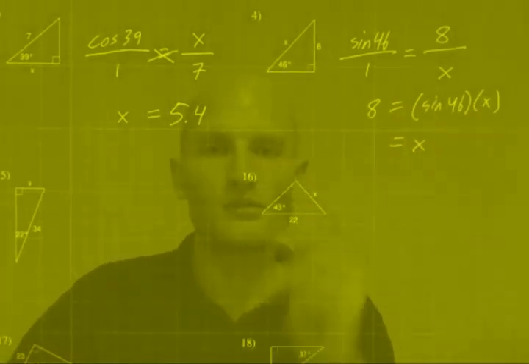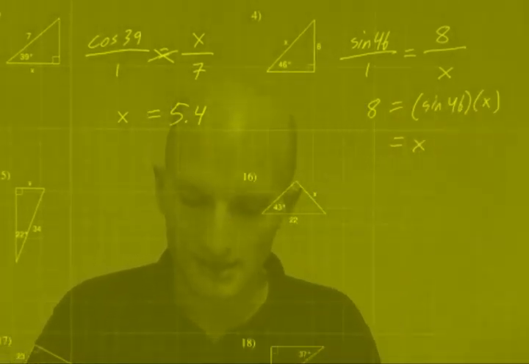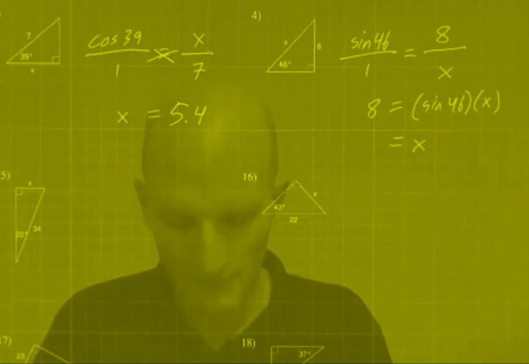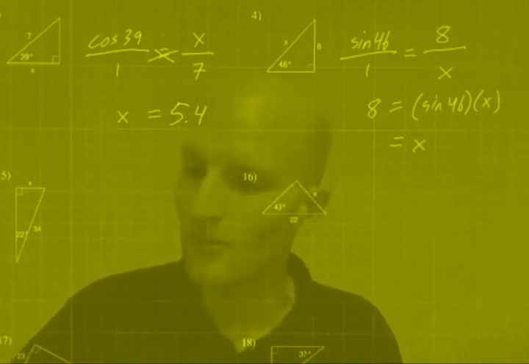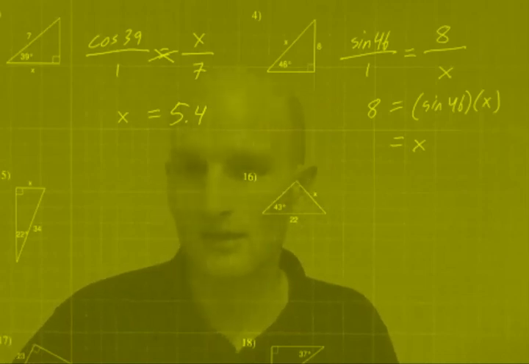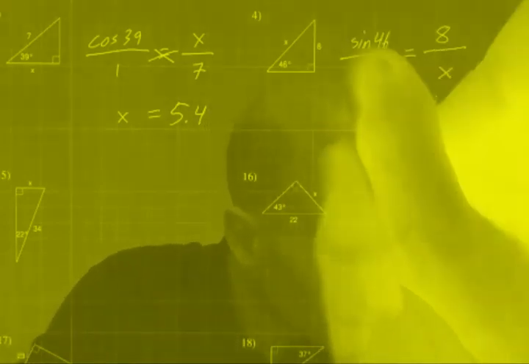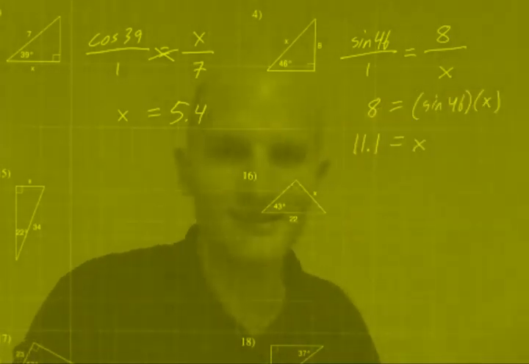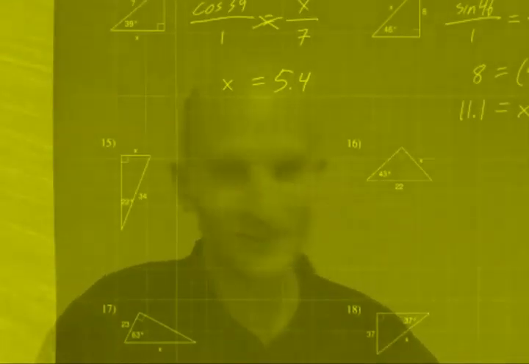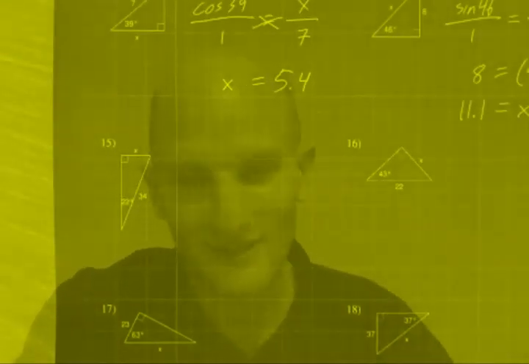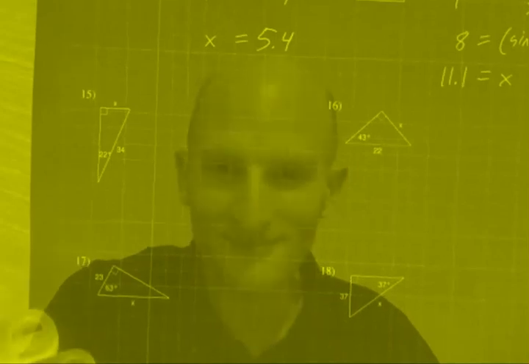And on the left, when you do 8 in your calculator, divided by sine of 46, you get 11.121. Rounded is still 11.1. 11.1 is x. Boom. There it is. You notice I have the solutions on my worksheet, but you don't have them on yours.